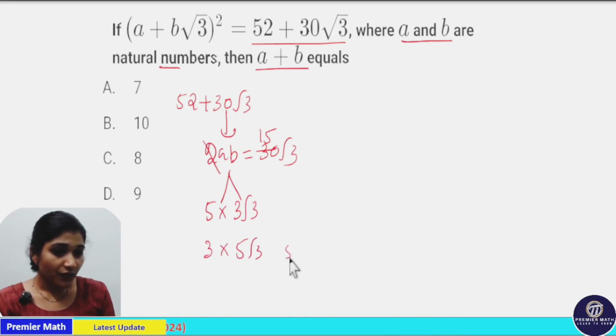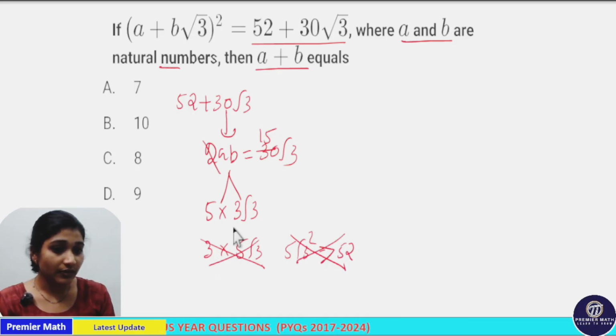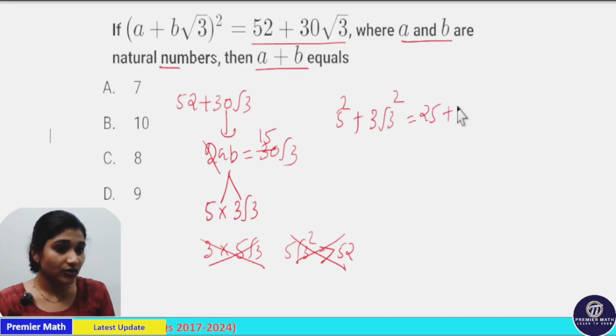But here (5 root 3) the whole square itself is greater than 52. 25 into 3 is 75, so this is not possible. Now check whether 5 square plus (3 root 3) the whole square is 52 or not. 5 square is 25 and (3 root 3) the whole square is 9 into 3, 27.